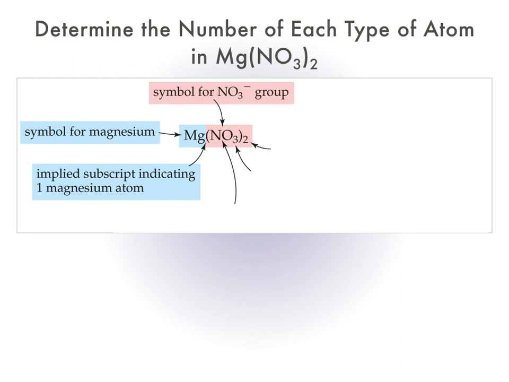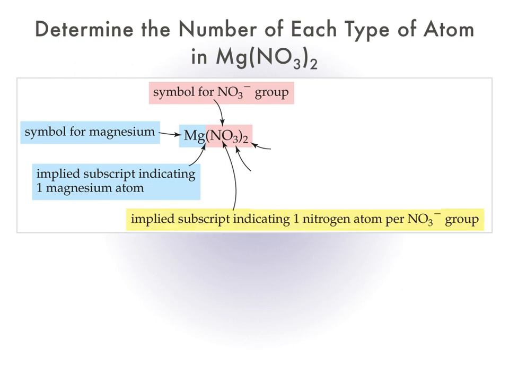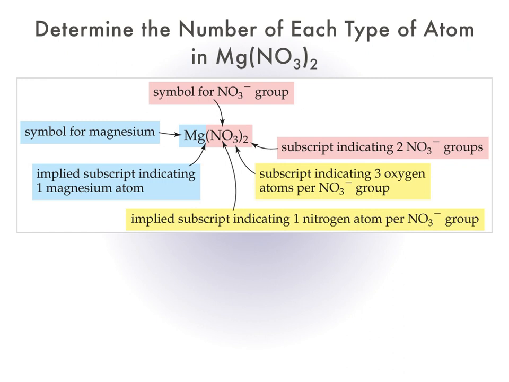And within that group, we have one nitrogen atom per group, and 3 oxygen atoms per group. We close the parentheses, okay? So that's indicating, again, that that's just the NO3 as a group. The subscript after the parentheses indicates that there are 2 nitrate groups within the compound.